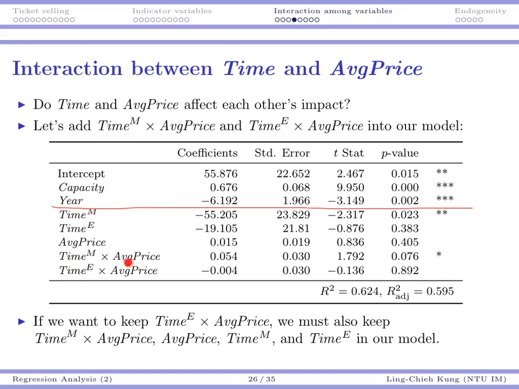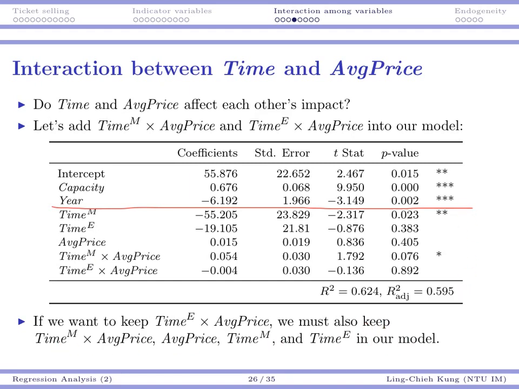Okay, this is different from that. The price sensitivity for a morning show is different from the price sensitivity of an afternoon show. So that's the information content here, and that's useful. So if eventually we want to keep this variable, we must also keep all other variables here.